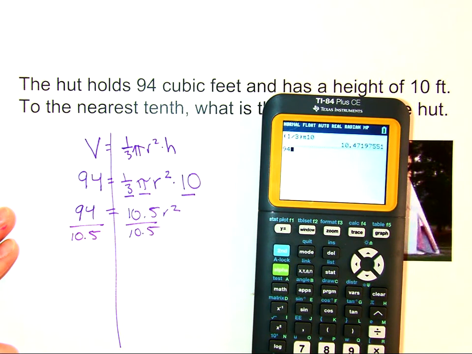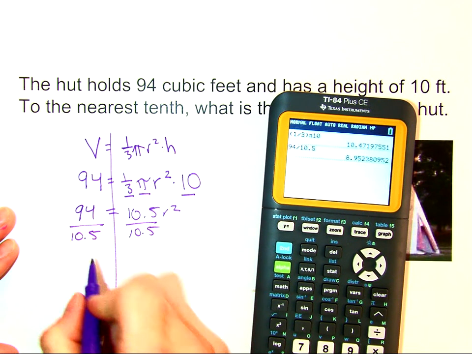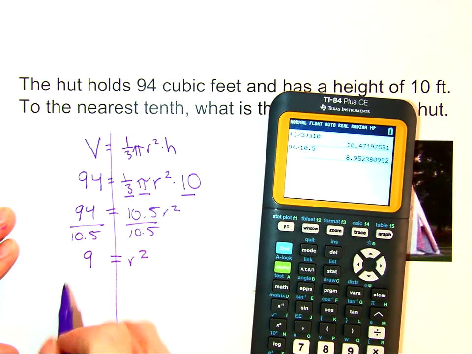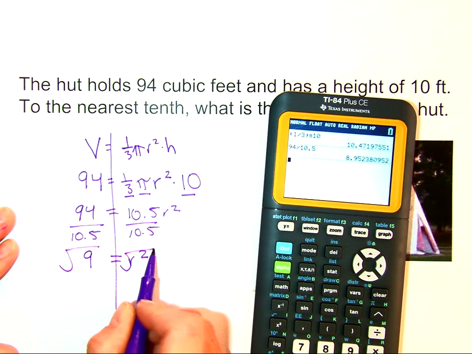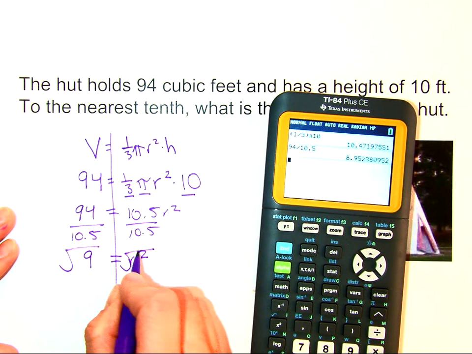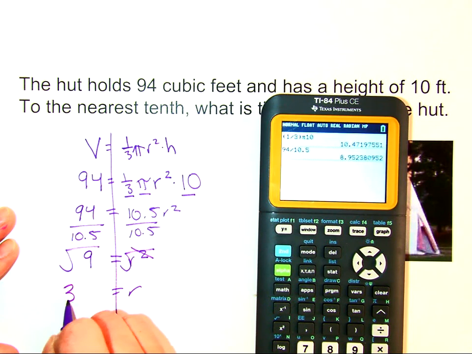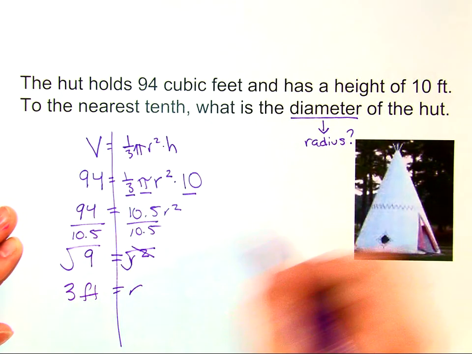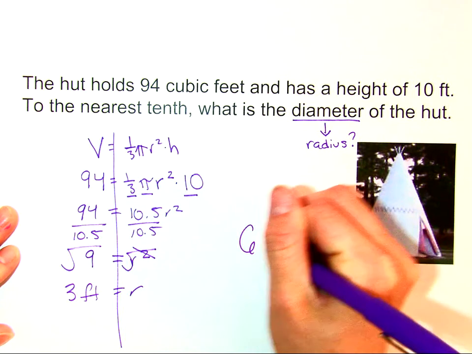So 94 divided by 10.5 gives me approximately 9. Take the square root to get rid of the squared, to find r, which is 3 feet. So if the radius is 3 feet, the diameter then must be 6 feet.